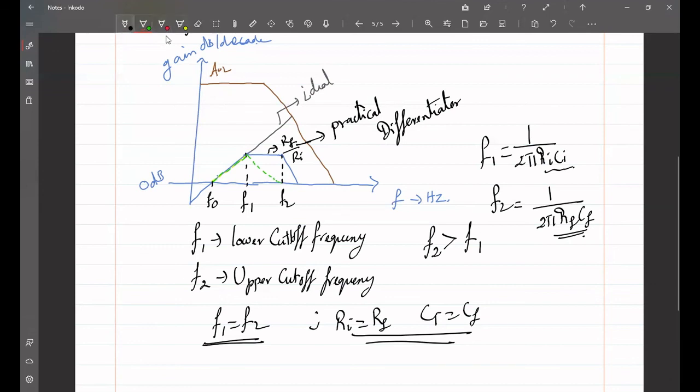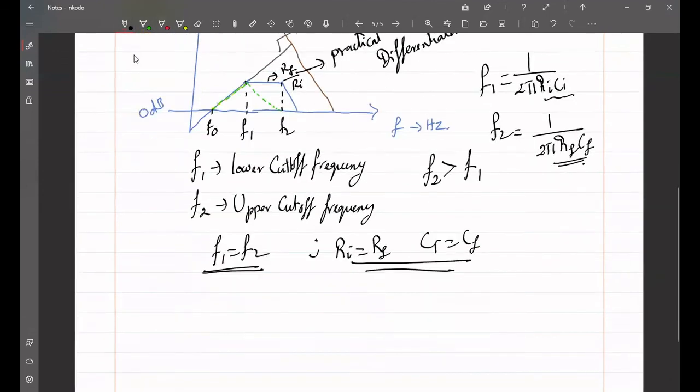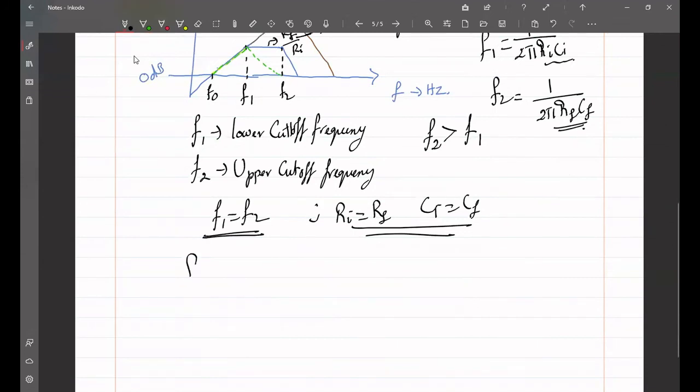Also you should know that for a differentiator circuit, the supply frequency Fs should be 10 times lower than the cutoff frequency.